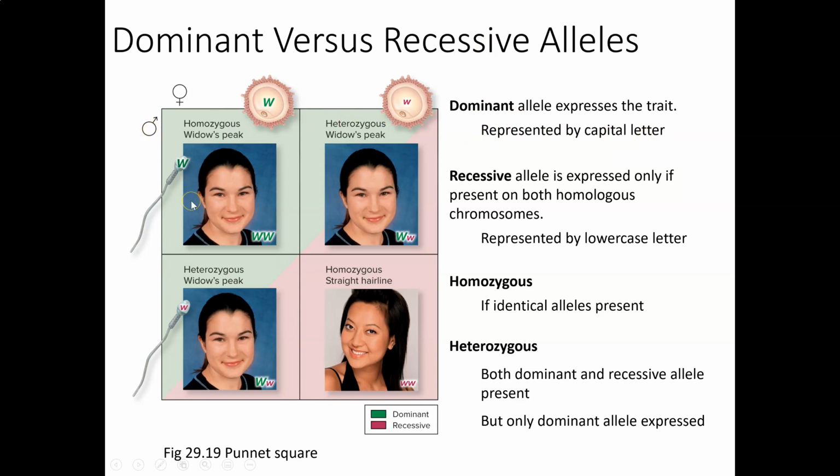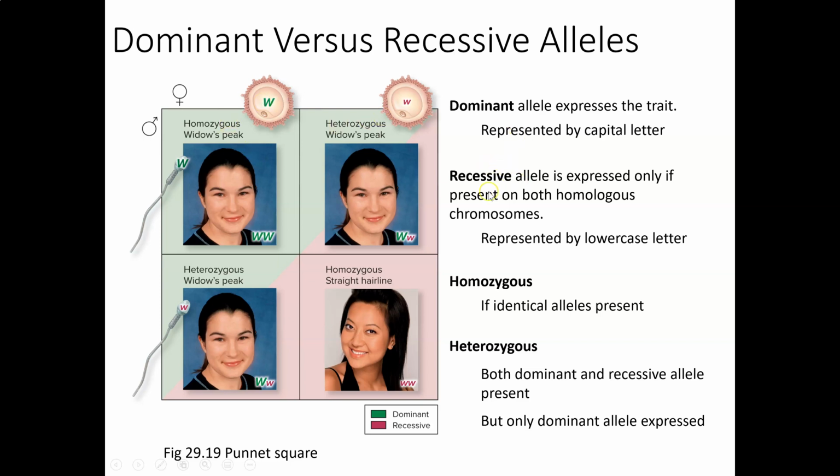The physical trait we're looking at is widow's peak: you have either a peaked, curved hairline, or a flat, straight hairline. The widow's peak is a dominant allele, so it's represented by a capital W. That means even if you carry only one widow's peak allele, the big W, you will present with a widow's peak.